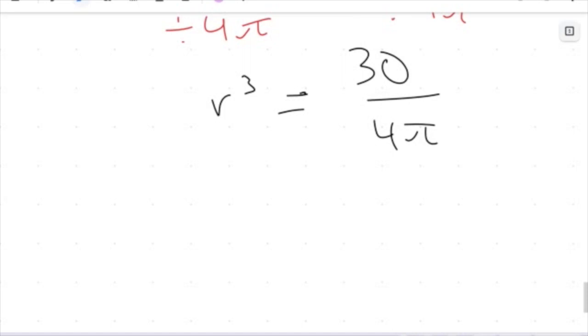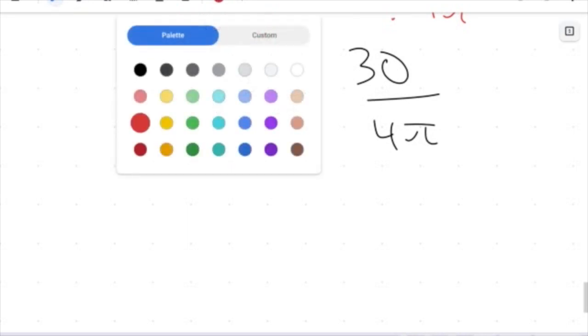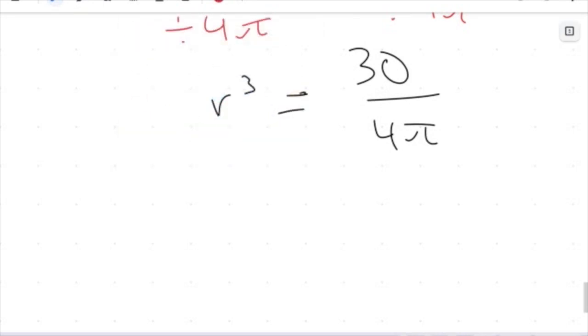So, to undo cubing a number, that's like saying r times r times r. Some number times itself again gives me 30 over 4 pi. And to undo this, I'm going to do a similar thing to what we did in the last video with the square root, but I'm going to take the cube root of both sides. The cube root is just going to give me what this value of r is.